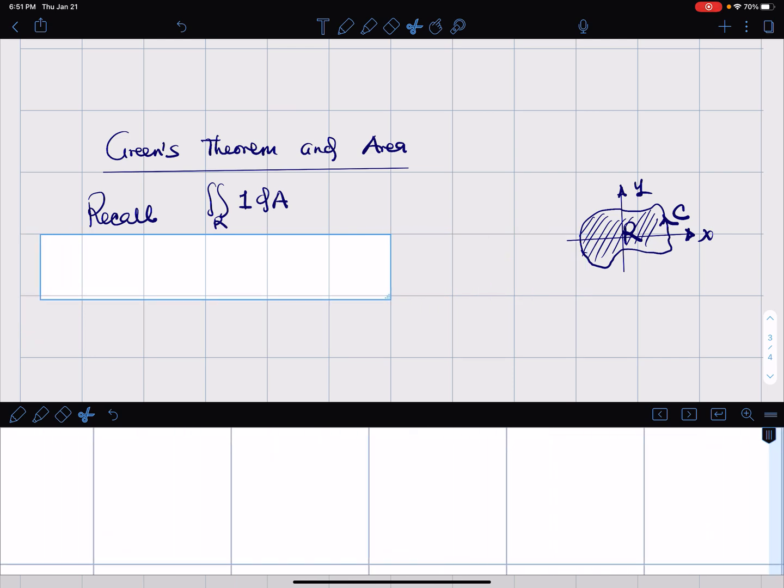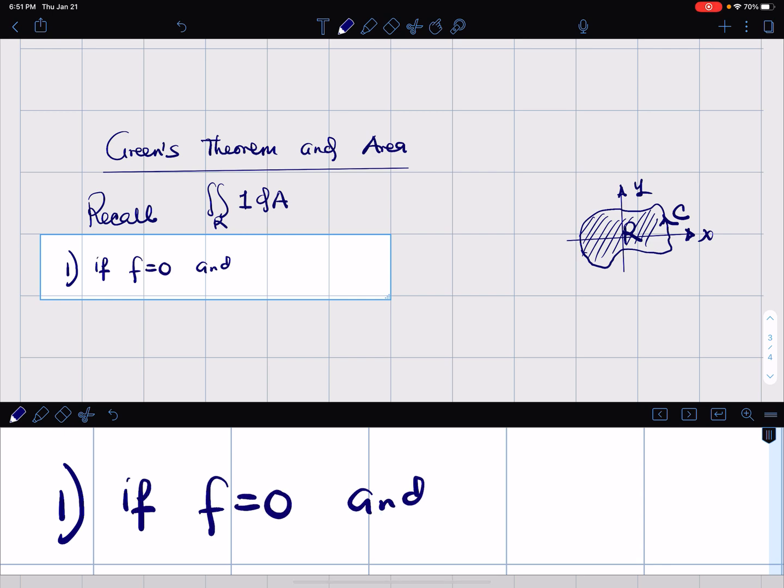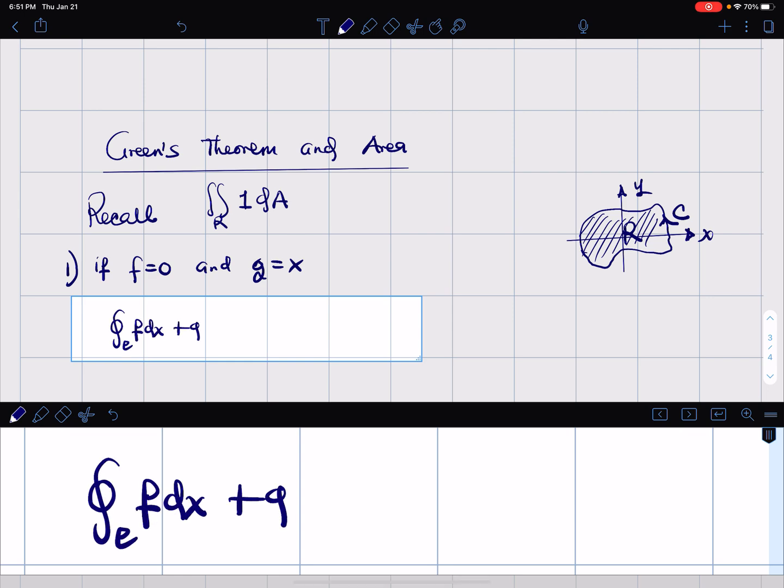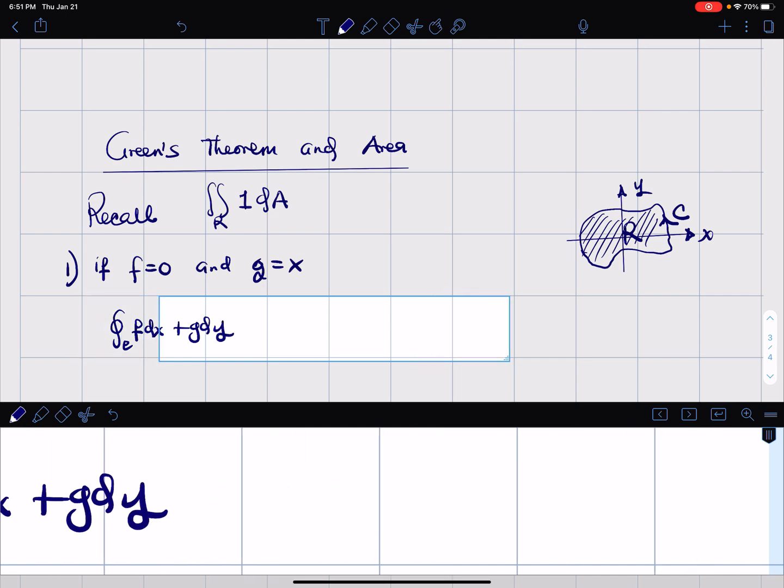Now, scenario 1 is this. Think of Green's theorem. Assuming F is 0 and G is equal to x for Green's theorem, then our integral of F dx plus G dy is just going to be the integral of x dy.